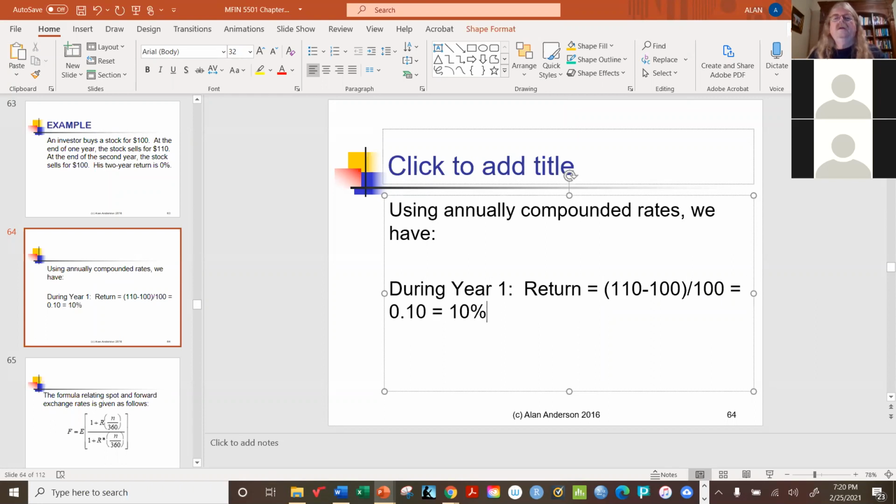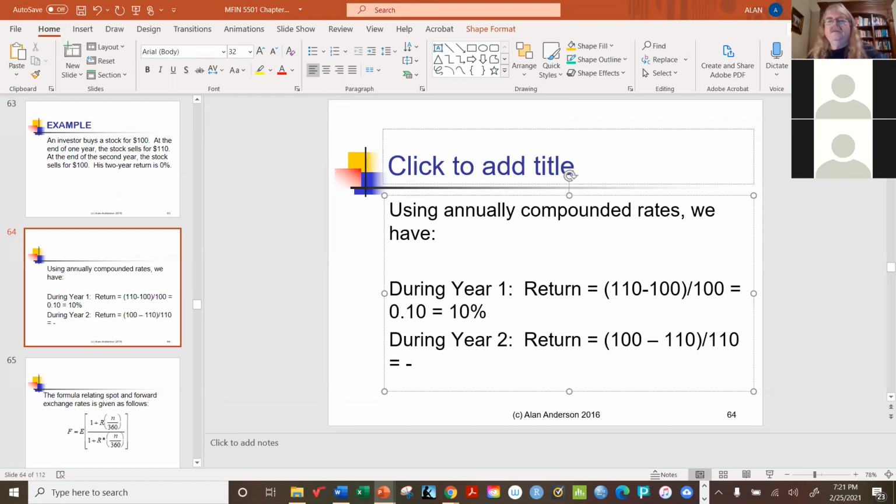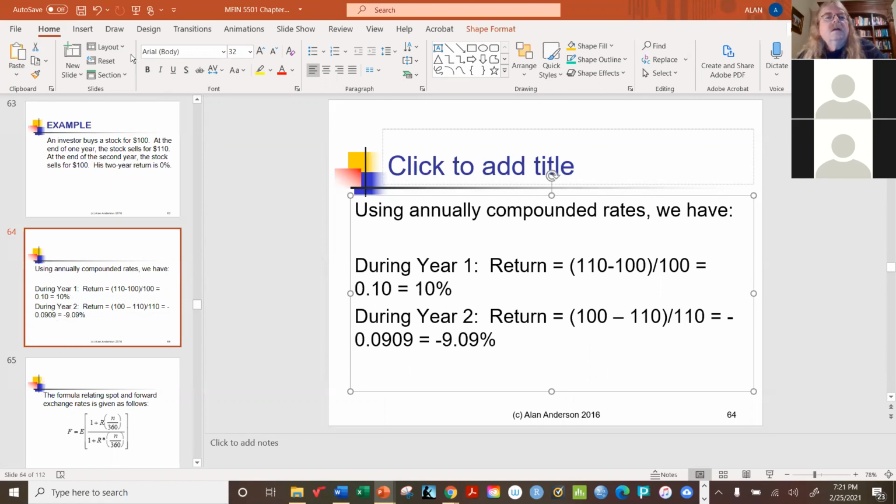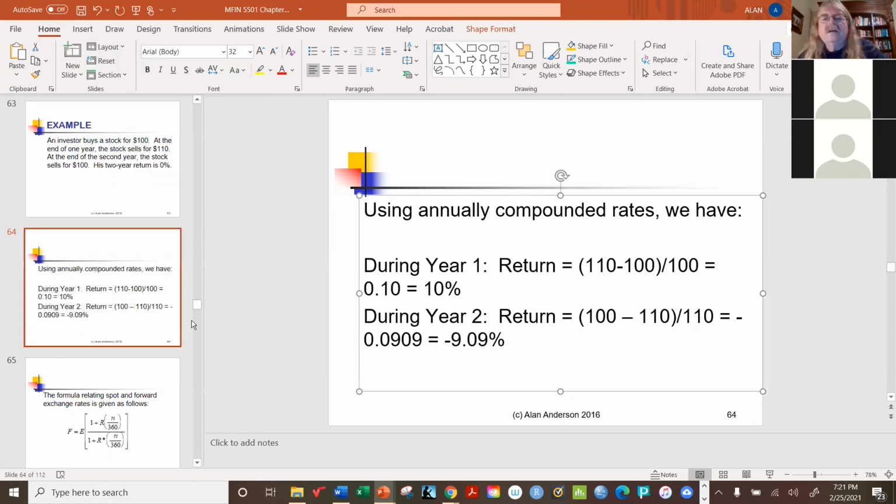But during year 2, the return is 100 minus 110 over 110, which is a loss of 9.09%. So this implies the following paradox.